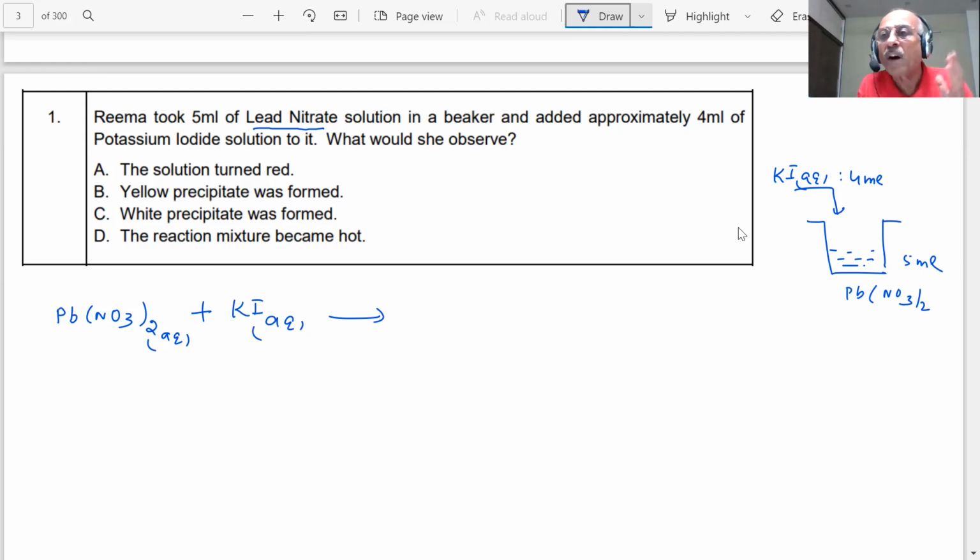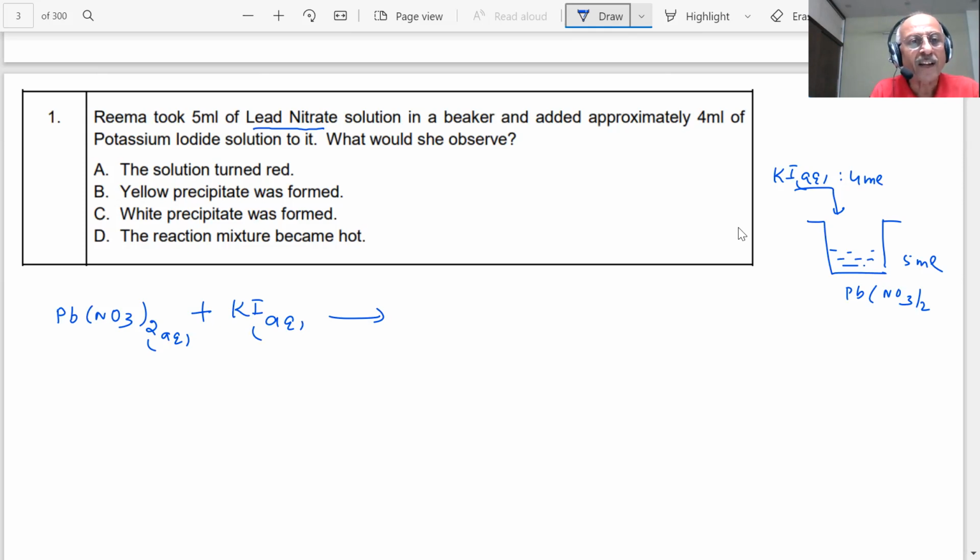What would she observe, students? This question is based on chemical equations and reactions. As you can see, there are four choices: A, B, C, and D. Solution turns red, yellow precipitate is formed, white precipitate was formed, the reaction mixture becomes hot.